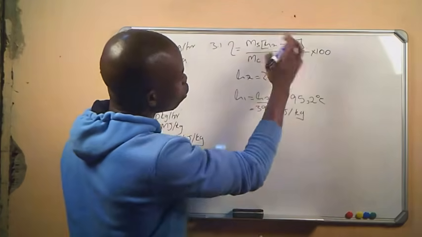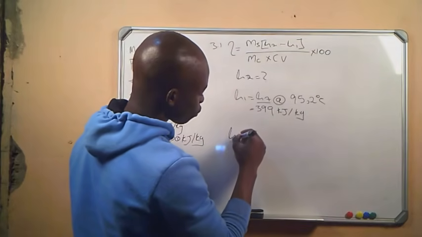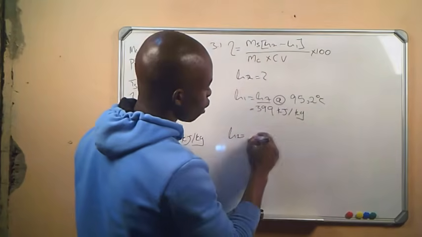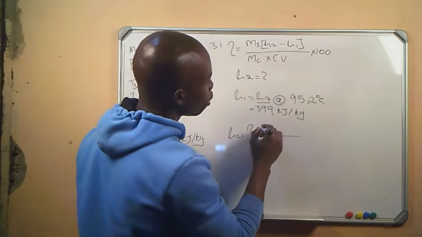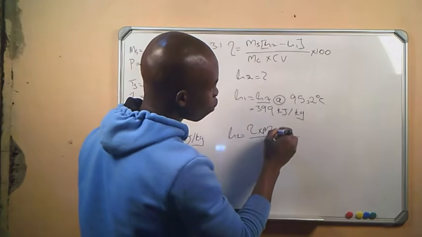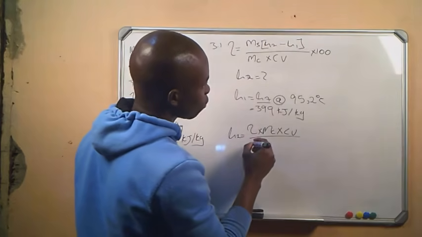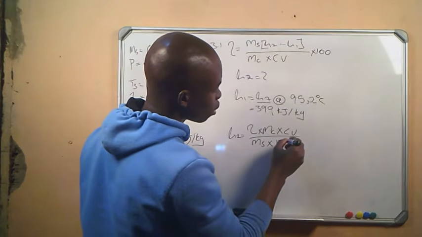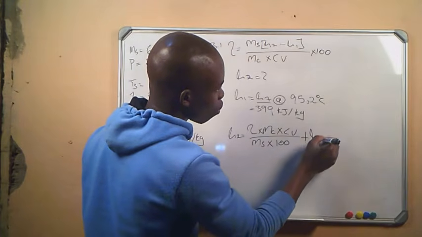So from this you can now make H2 the subject of the formula. H2 is equal to the boiler efficiency times mass of coal times calorific value, divided by the mass of steam times 100, plus H1.